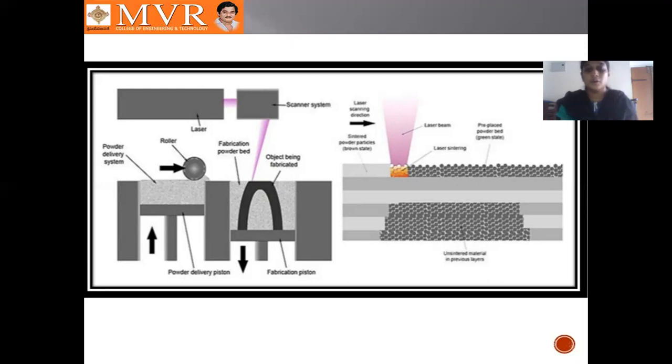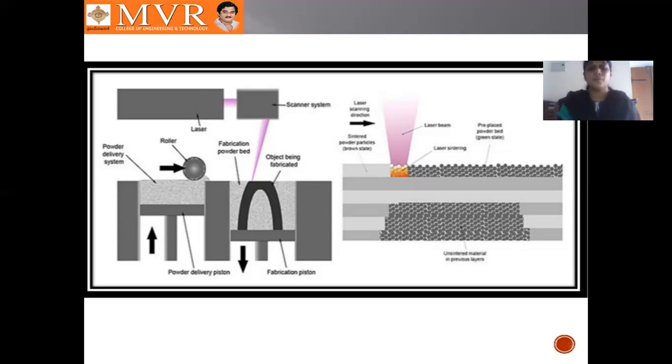Okay, how the powder waste will be available in the materials: laser scanning direction, sintered powder process, laser beams, laser sintering process, pre-placed powder bed, and unsintered material from the previous layers, which will be directly applied to this 3D processing.